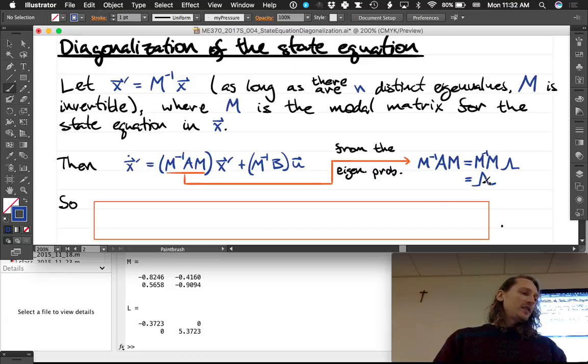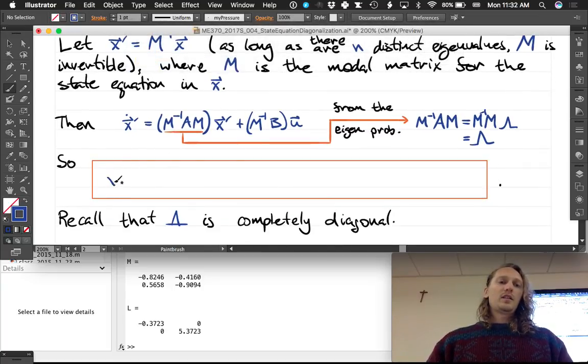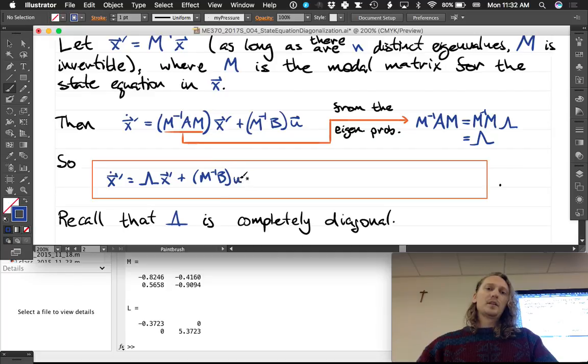So that's pretty sweet, because we can now write our new transformed state equation as x prime dot equals, instead of M inverse AM x prime, we can just write lambda x prime plus M inverse B. I'm only putting parentheses around these terms just to show you, this is the new B matrix.